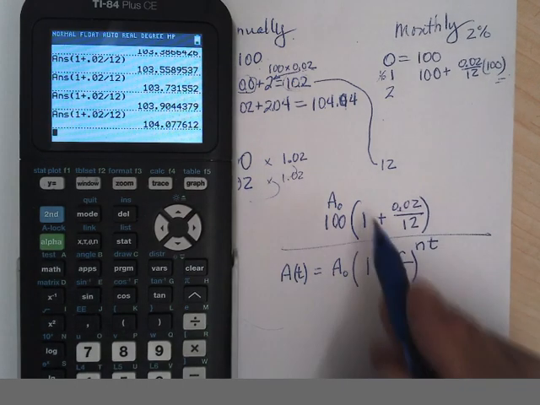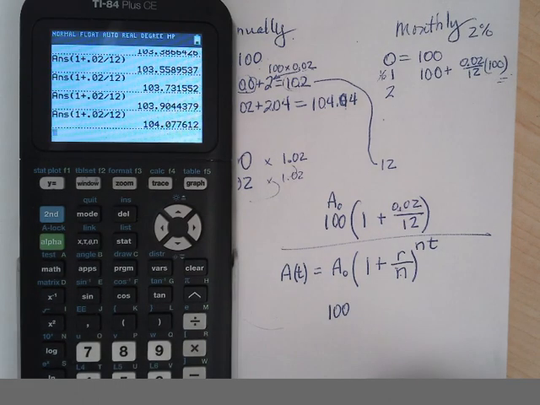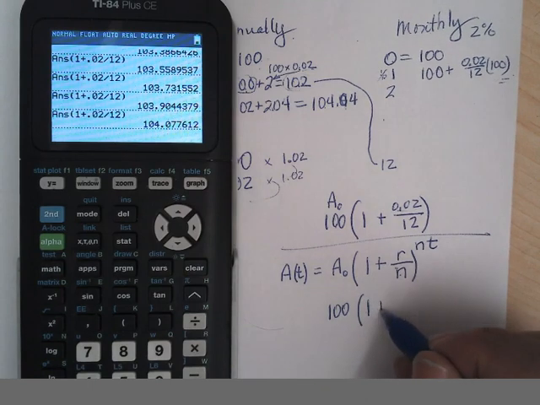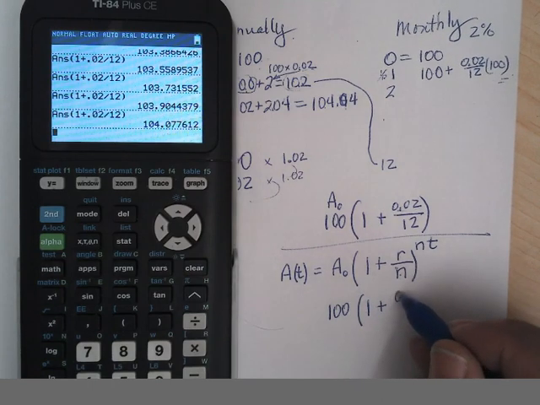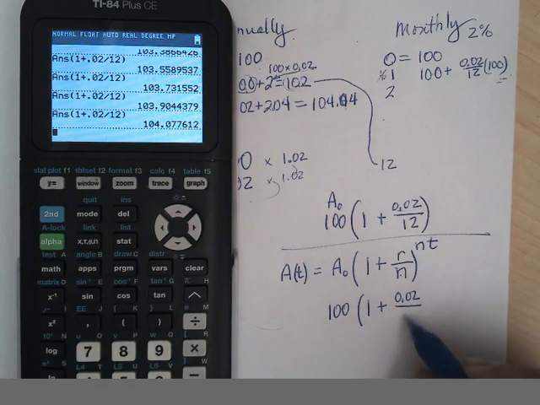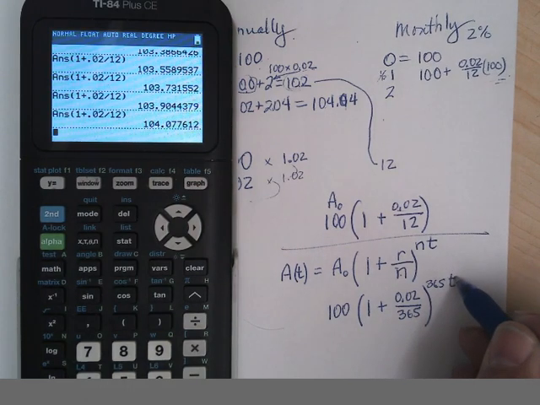So what if I had $100 in and it got compounded every day? Then I'd have 1 plus my interest rate, 0.02 if I go back to my problem, but every day, that's 365 times in a year, to the 365 times the number of years.